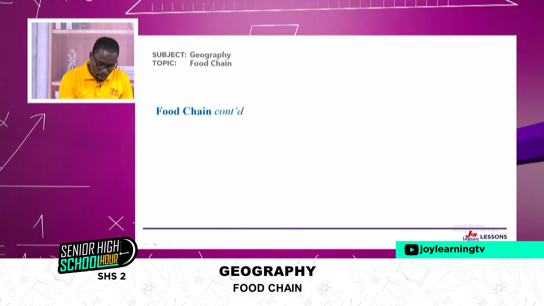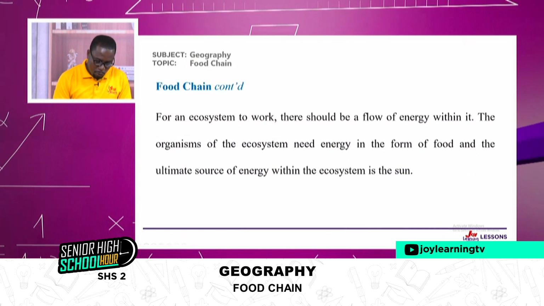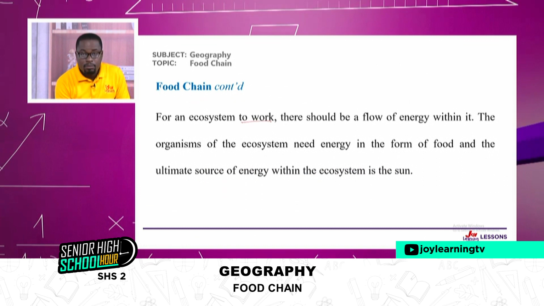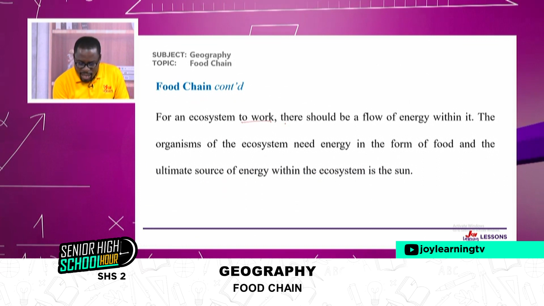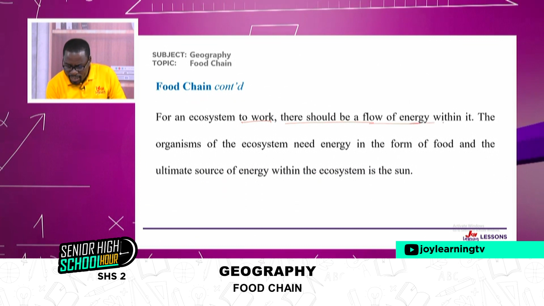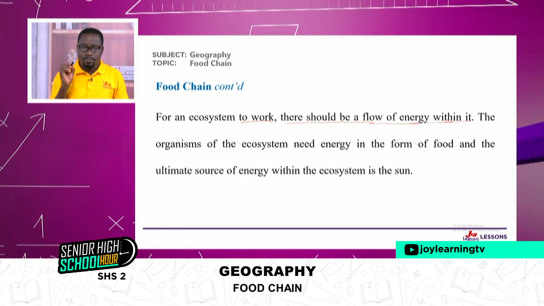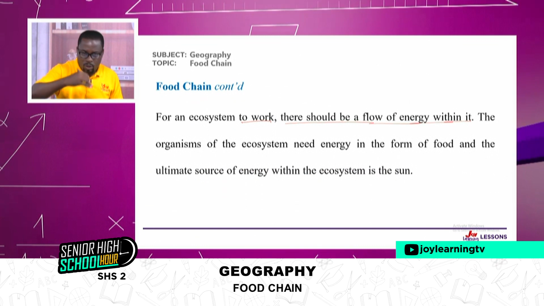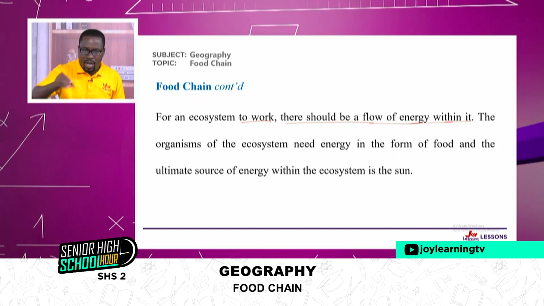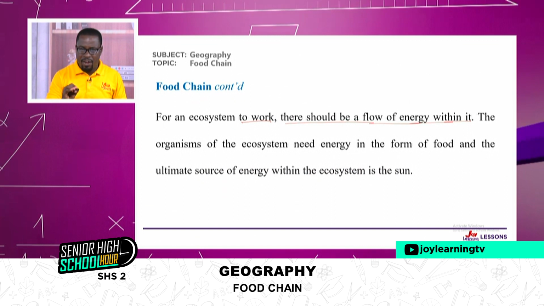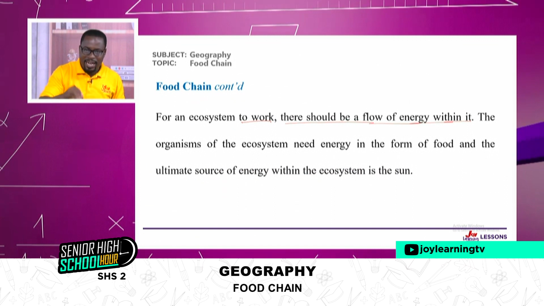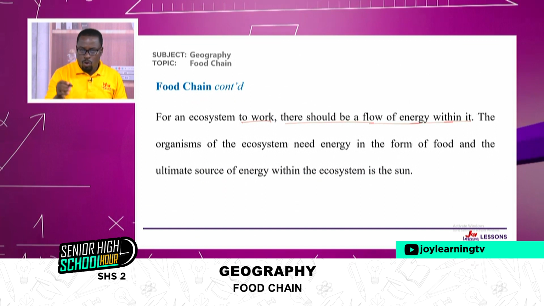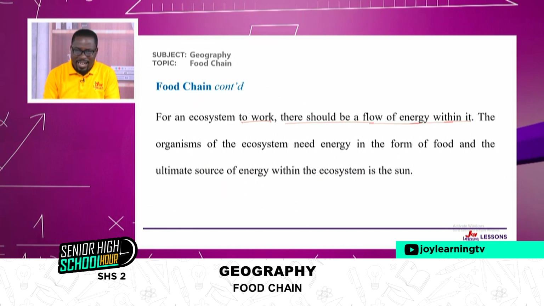Now, by way of progressing, for an ecosystem to work, there should be a flow of energy within it. Energy must flow within that particular environment where one organism depends on the other to survive, where one organism eats the other to survive. And then it continues.